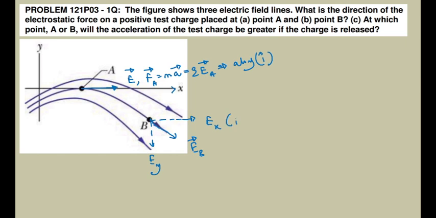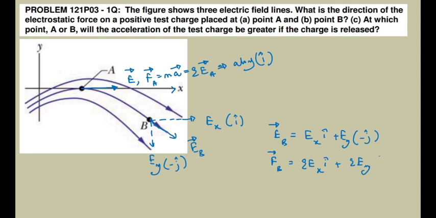Ex you can see is along plus i cap, but Ey is along minus j cap. So the electric field at B I can write as Ex i cap plus Ey of minus j cap. So what is going to be the force? Force at point B will be equal to QEx i cap plus QEy of minus j cap.